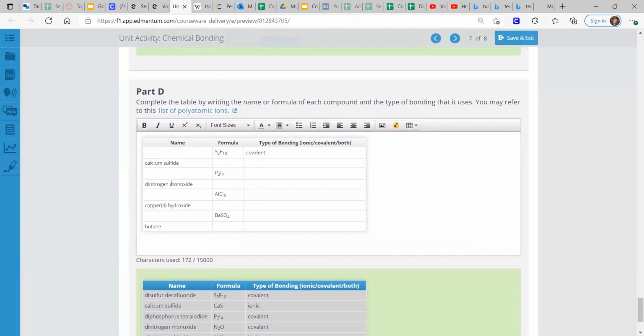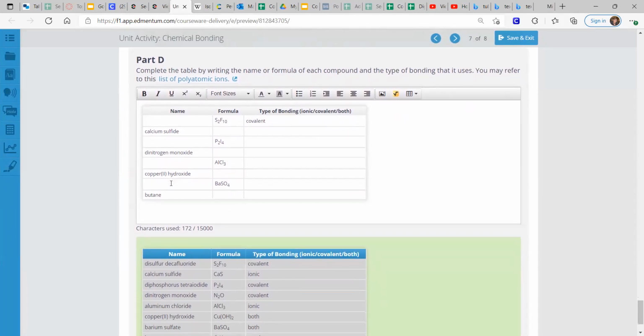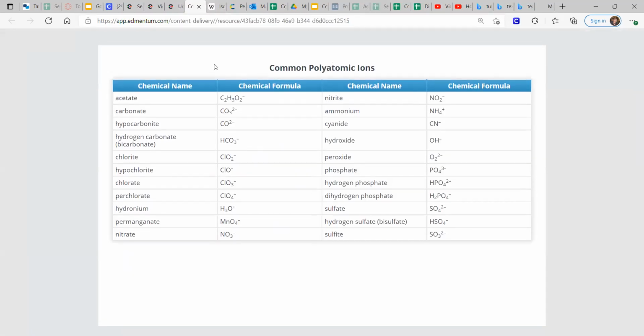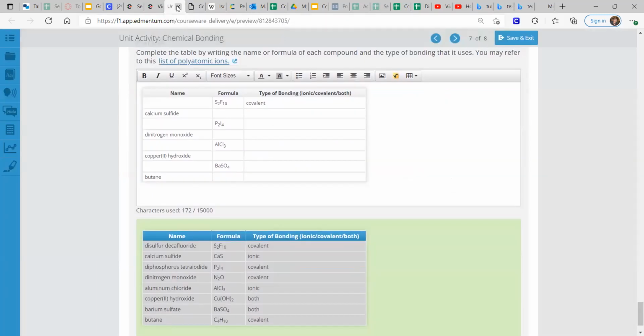Complete the table by writing the name or formula of each compound and the type of bonding that it uses. You may refer to this list of polyatomic ions. So you can click on this, look at the chemical formula, chemical names, and then use that to answer these.